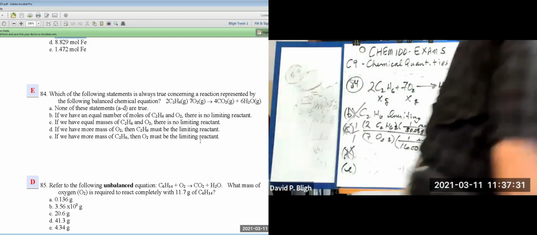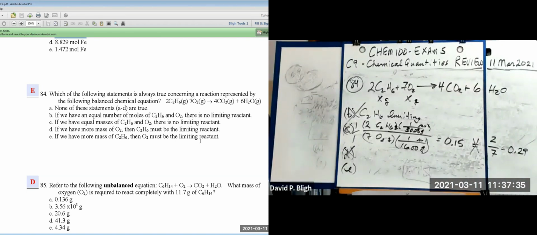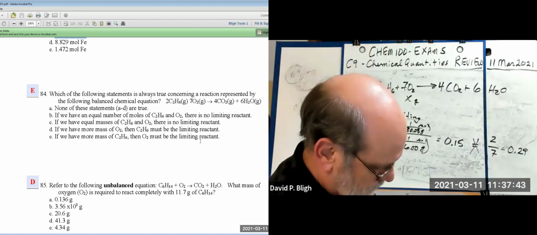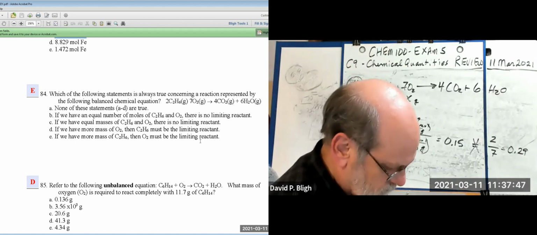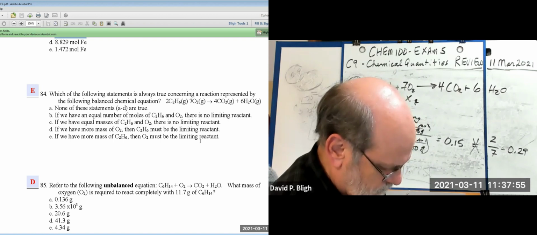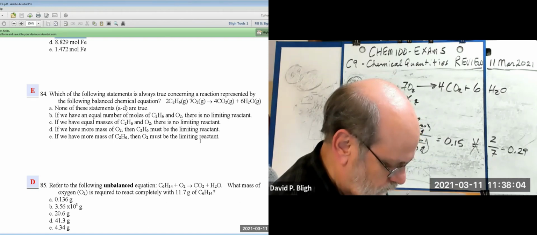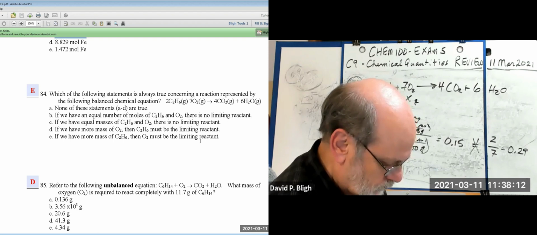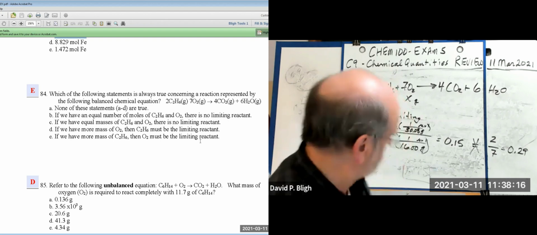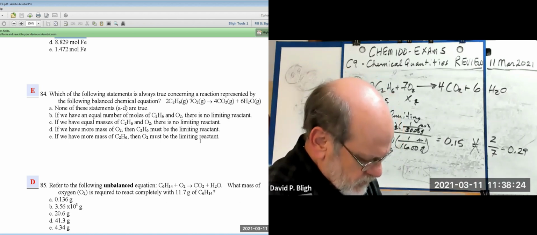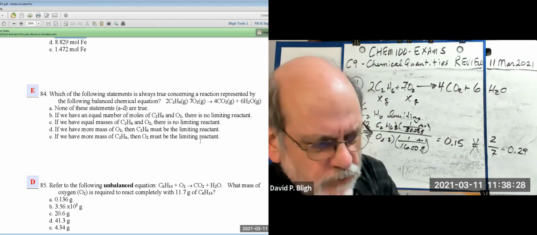Let me check something here. Yeah, there's a better approach. Actually, it's not too far from what we've determined so far.